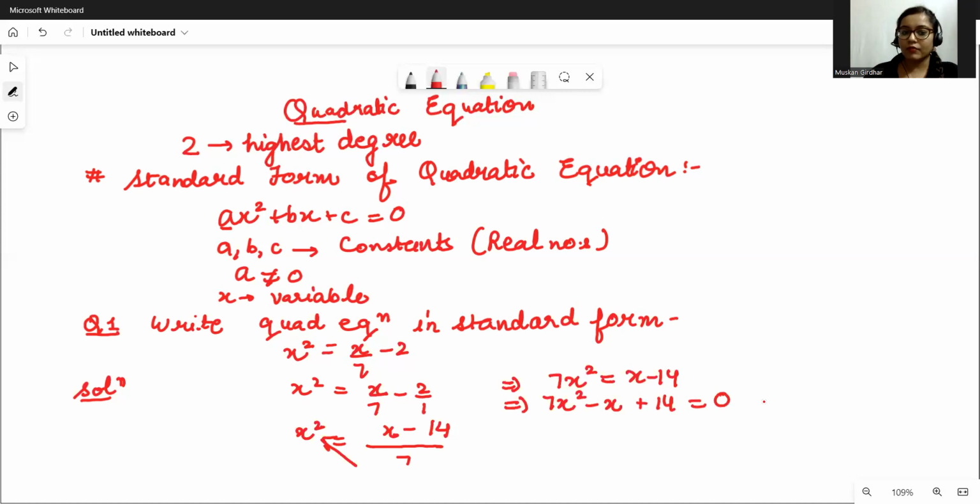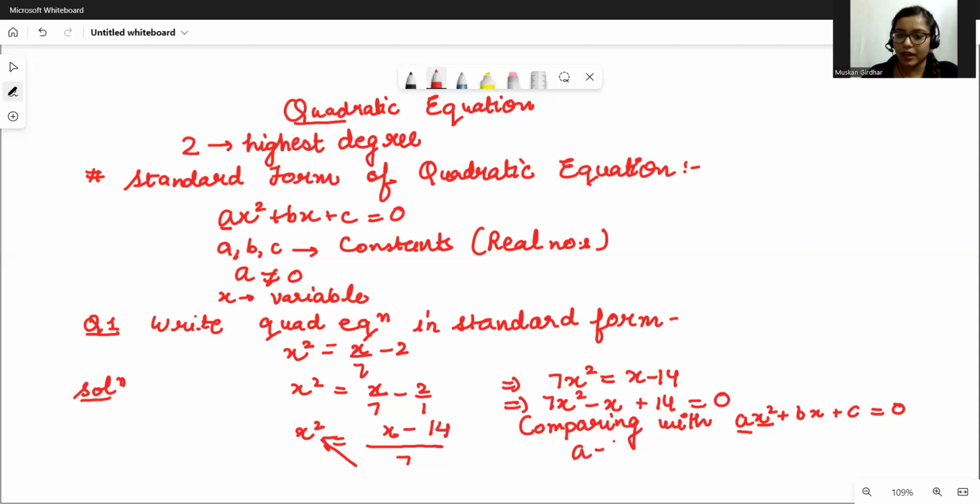Now, here we have to write this quadratic equation in standard form. That's what we did. Now we are comparing with the general form, which you must have remembered, that is ax square plus bx plus c equals to 0. If I compare x square, the coefficient of x square is a here and it is 7 here.